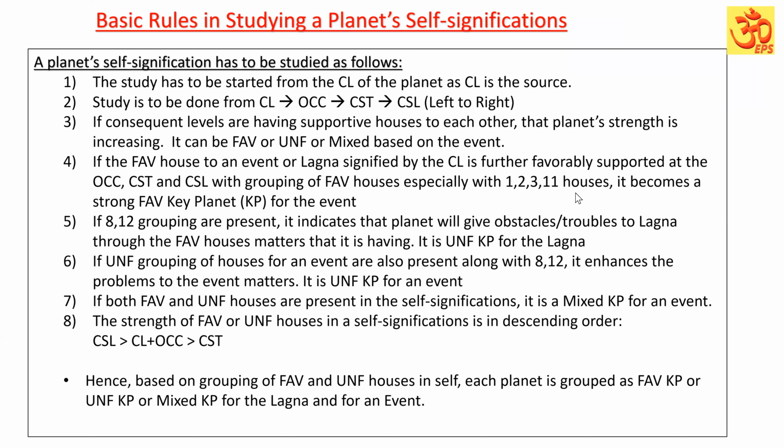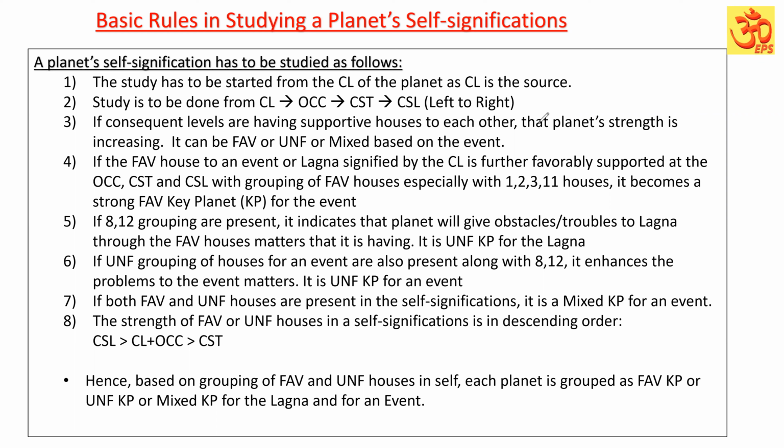I will study each rule and point given, and I will explain them one by one. A planet's self-signification has to be studied as follows. Number 1, the study has to be started from the cuspal lordship of the planet, as the cuspal lord is the source.